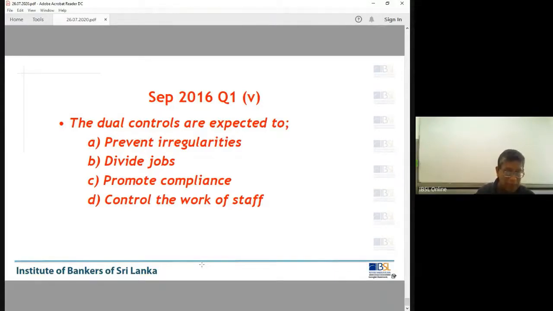So we discussed what operational risk is, due to employees or people, maybe due to poor internal controls. That is why we discussed the importance of internal controls, right?